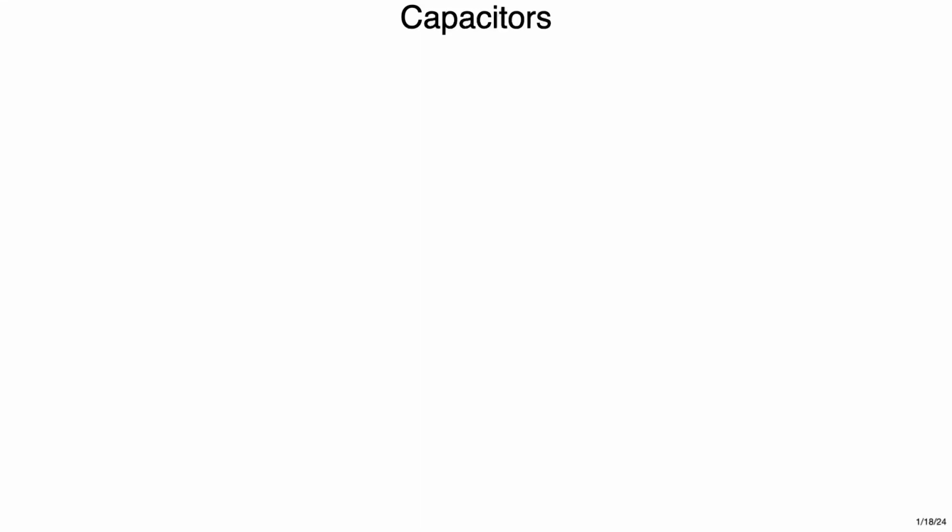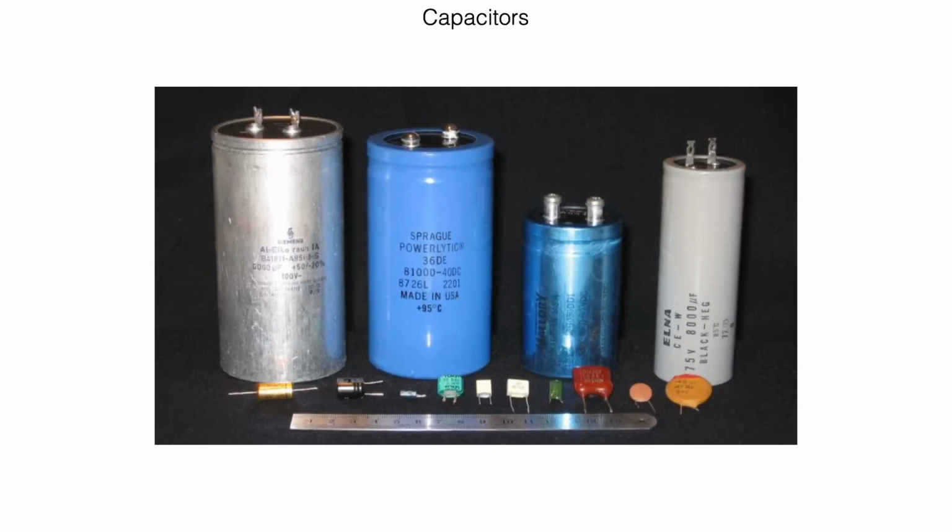So let's start with a device called a capacitor. Now, just from the name, what does it sound like? Like capacity, right? So a capacitor fundamentally is storing something, okay? And don't confuse it with a battery. Even though, look at these things.